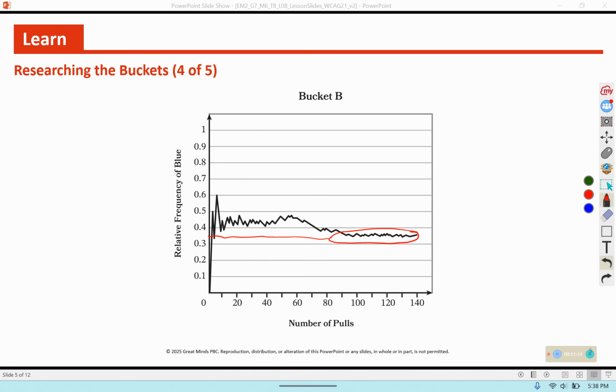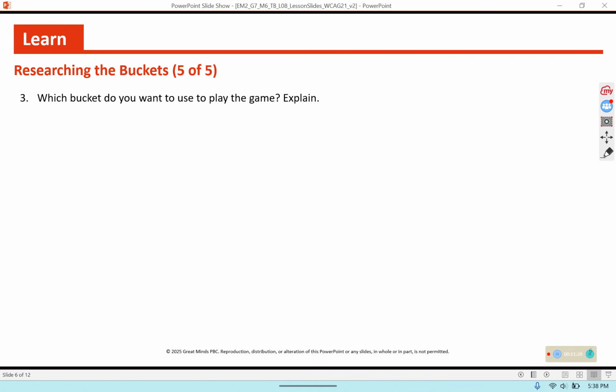So which bag do you think has the same amount of red and the same amount of blue? Which bucket would you want to use to play the game? Explain.